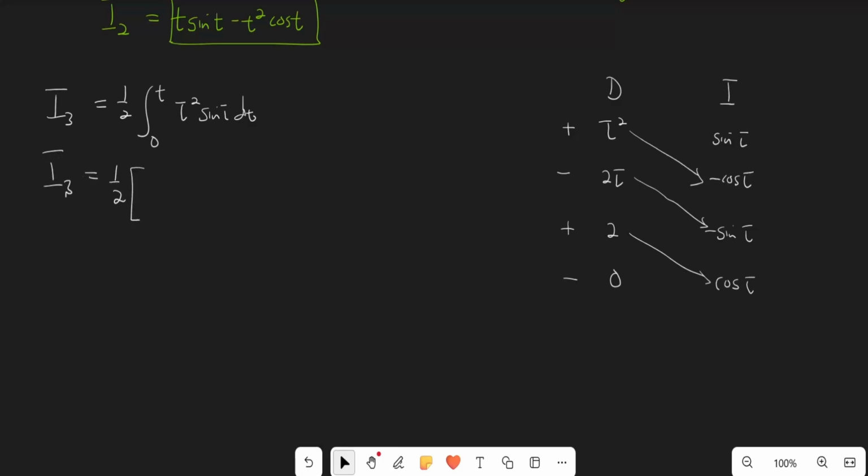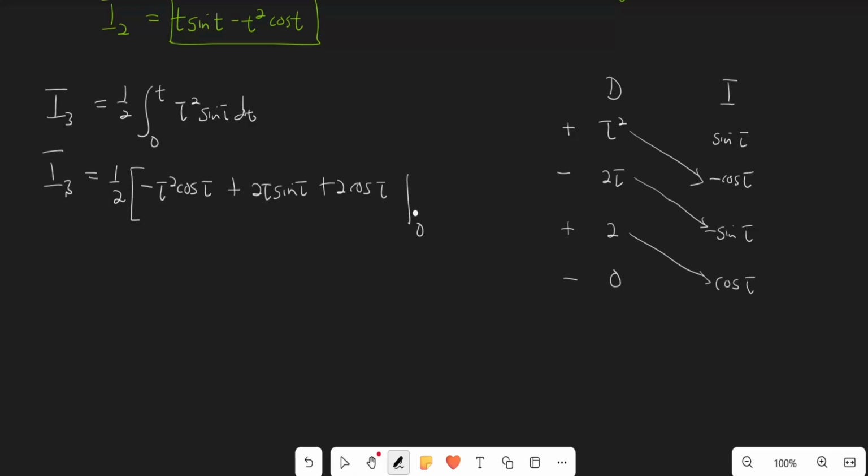Now the first diagonal term is going to be negative tau squared and then cosine of tau. The next one is negative times negative, that's going to be positive, so plus 2 tau and then sine of tau. And then the last one is going to be positive again, that's going to be plus 2 cosine of tau, like this. With this one we are done with the integration.